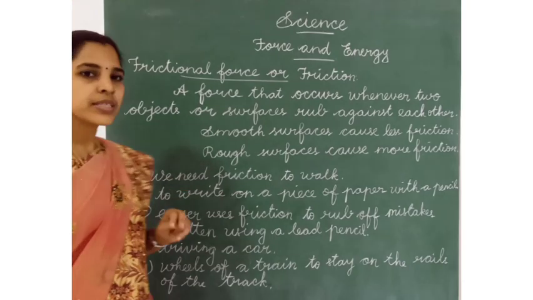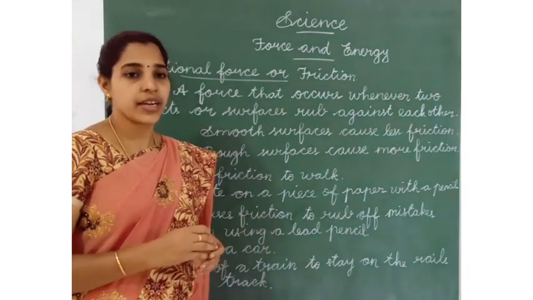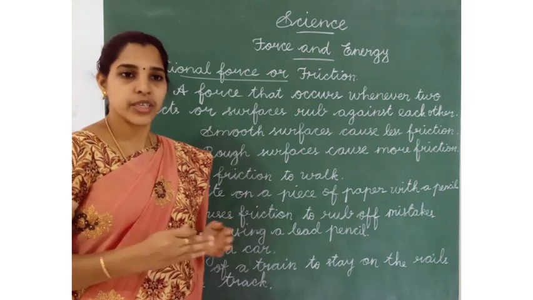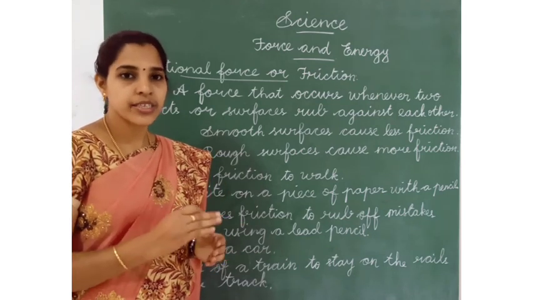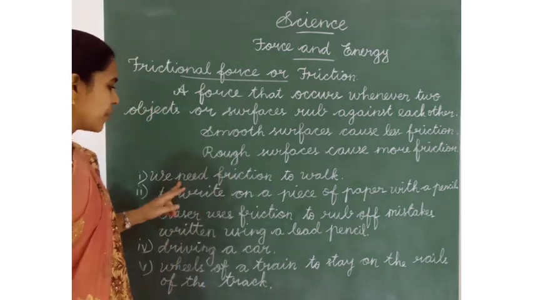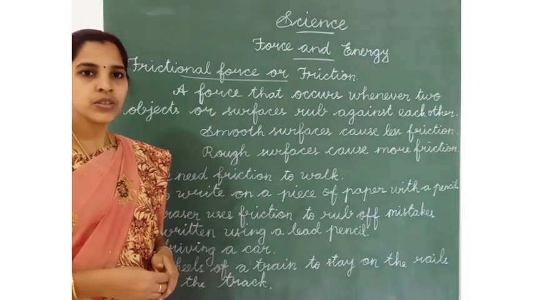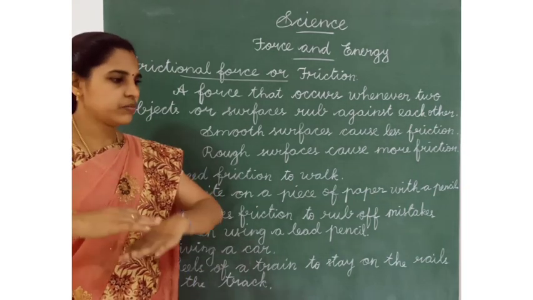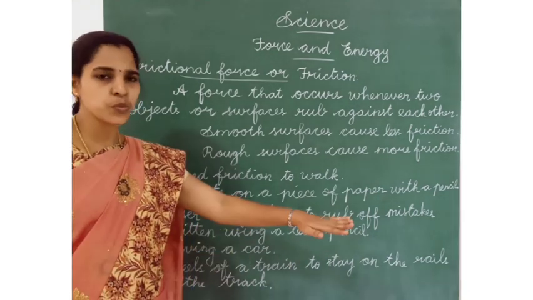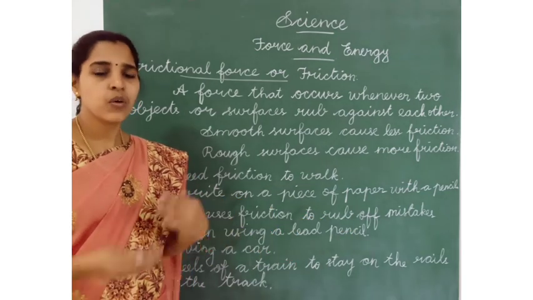Next one is, in some other areas we need friction. Without friction we can't do anything. In which areas is friction needed? Let's see now. We need friction to walk. If the ground is very smooth or slippery, what will we do?